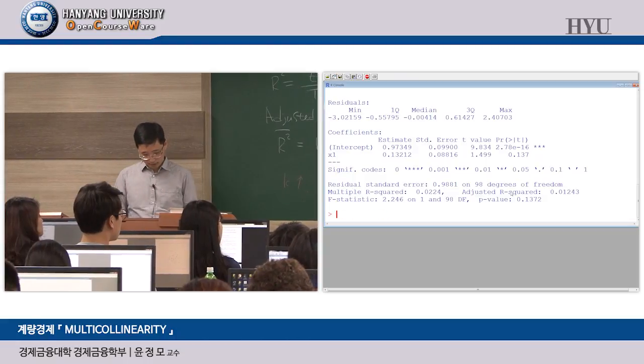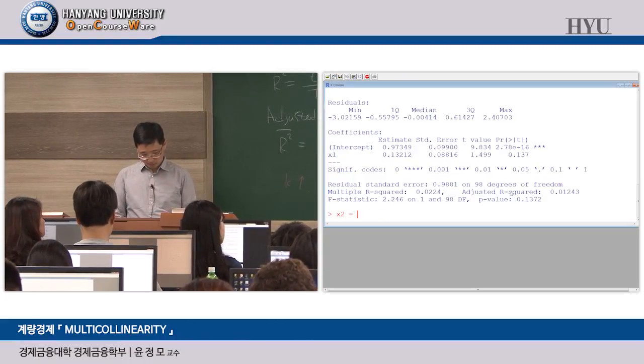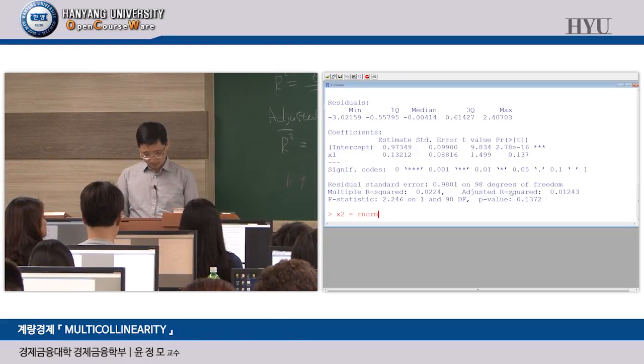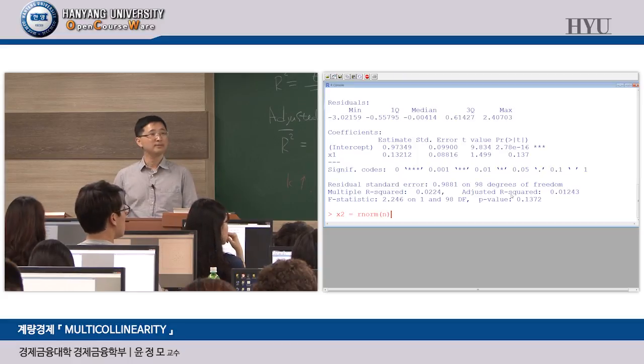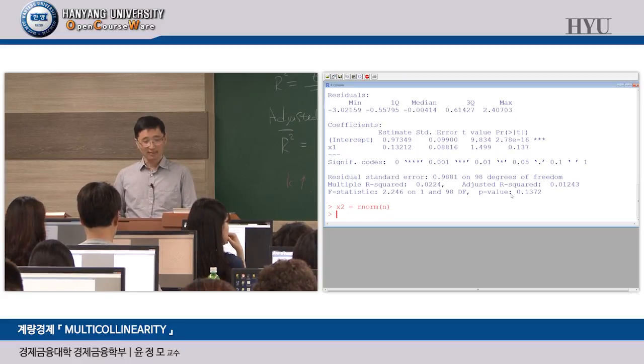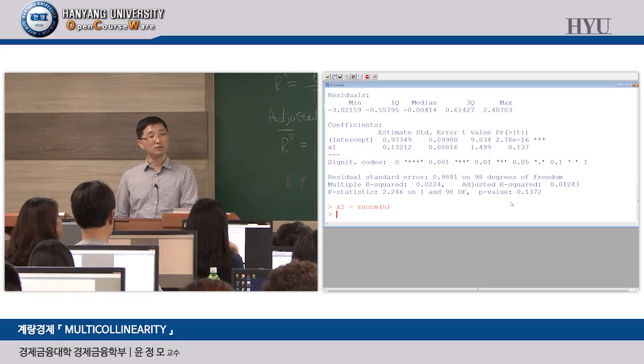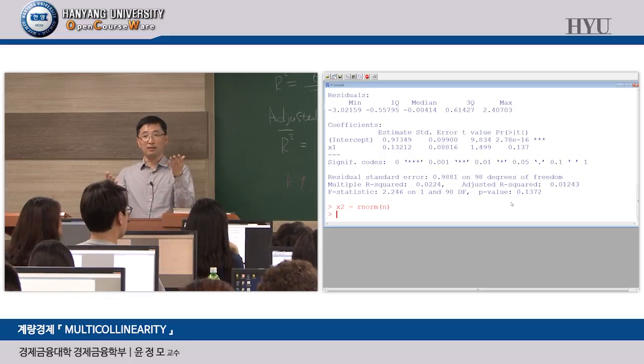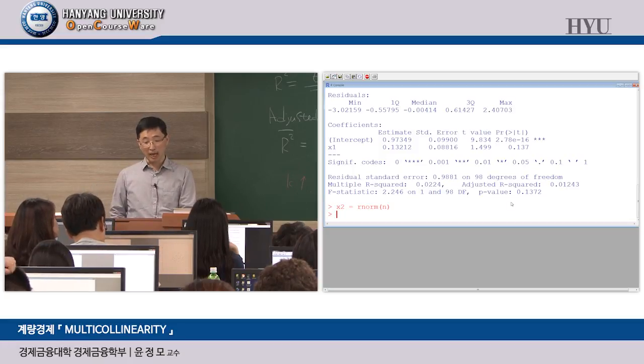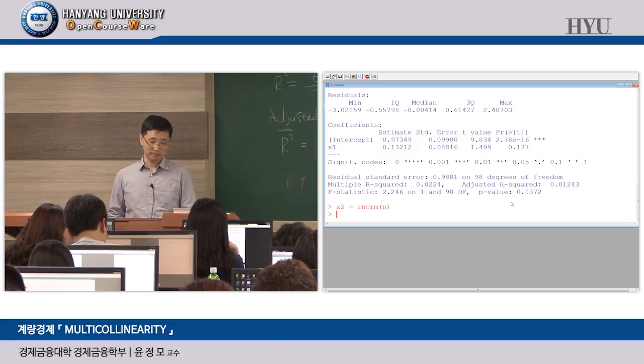So if I say my x2 is simply another random variable, then can I claim that my x2 does not necessarily help me to understand the variations in y? Because it is not used to generate the y, right? So there's no relationship whatsoever between y and x2. They're purely random. Now, let me add this x2 in my regression.